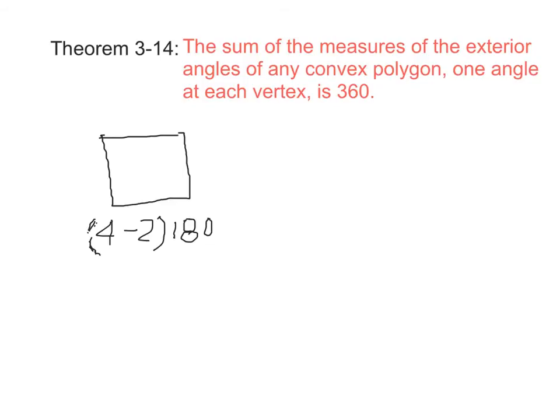We've got a right angle there, right angle there, right angle there, and one here. Now, each exterior angle is also going to be 90 degrees. So we've got 4 of them, so it's 4 times 90. So the sum of the exterior angles in this case is 360.